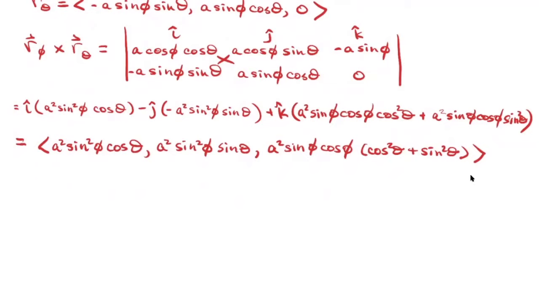Now, I want to write this by factoring out an a and a sine phi, I think. What you get is a sine phi cos theta, and then an a sine phi sine theta.